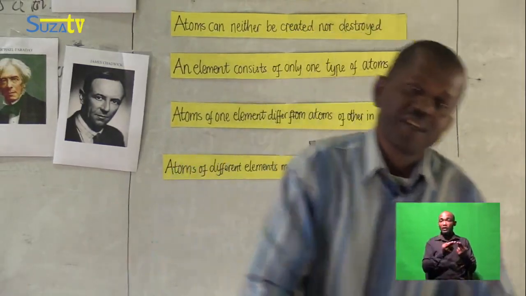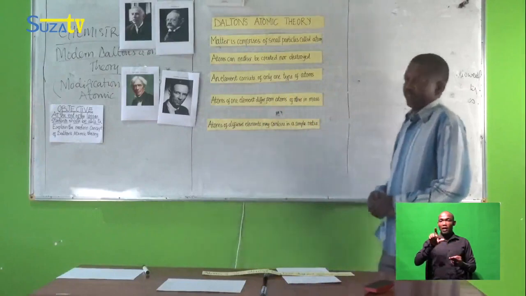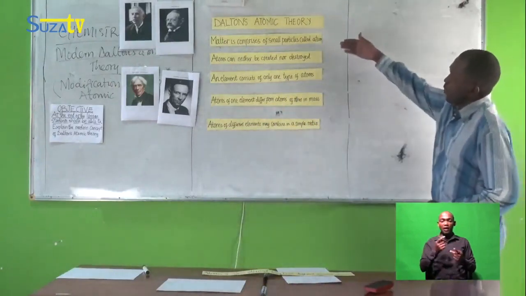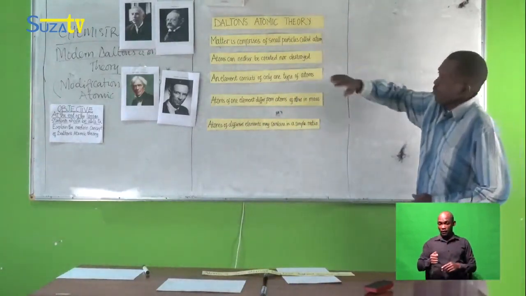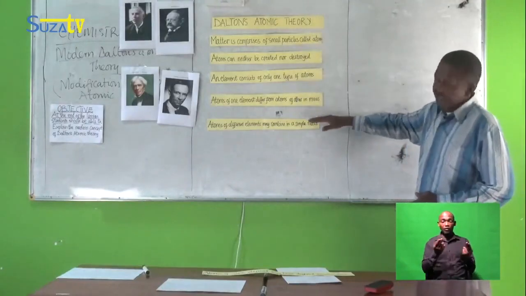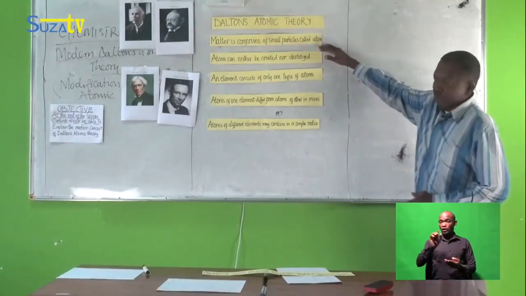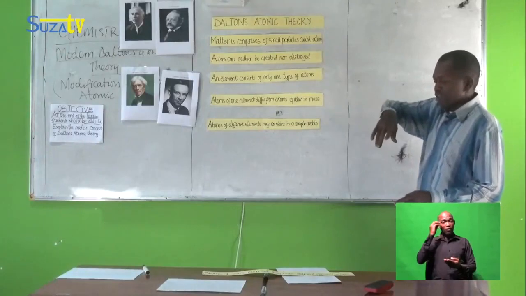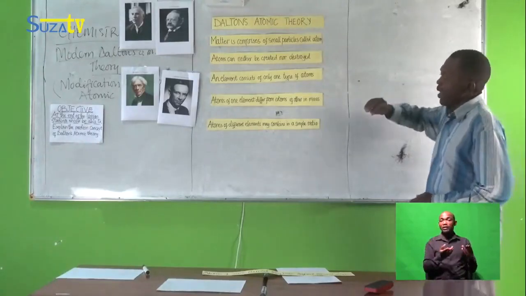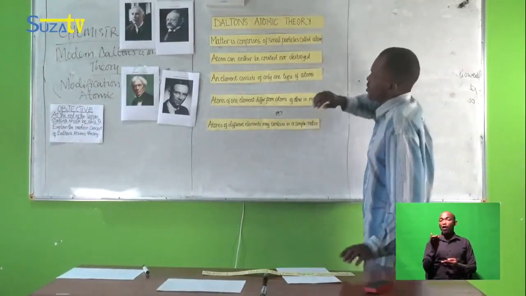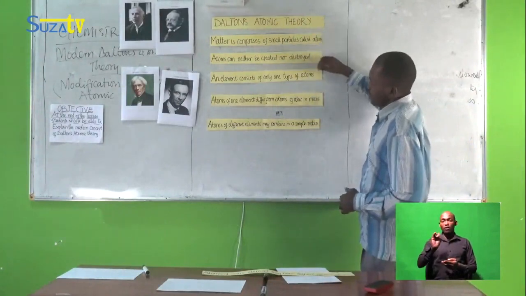What do you think? This is the modification. So we just want to match those Dalton postulates about the atom and this kind of modification, to see where this modification is correct.